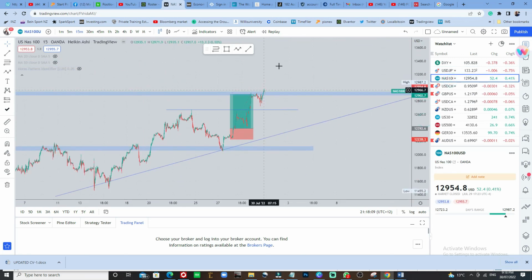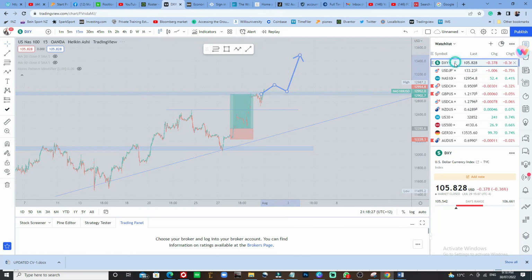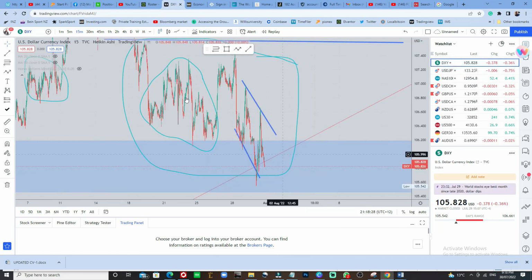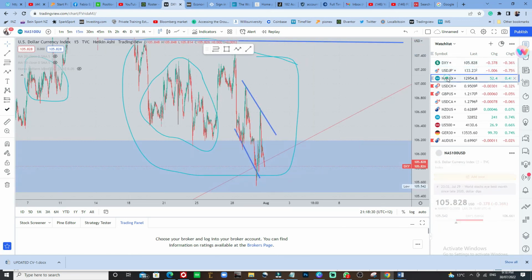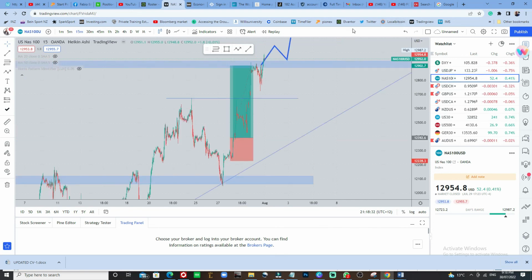I expect this to push, break and retest this next week, because NAS always works inversely proportional to the US dollar. So when the US dollar is getting weak, NAS will be getting strong. You can see that NAS has been pushing to the upside, while the US dollar has been pushing to the downside. So that is how it is.